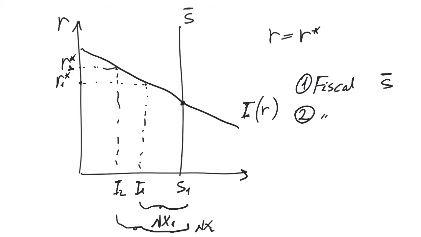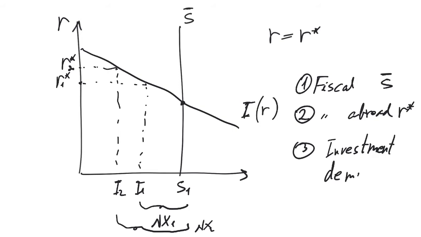The fiscal policy abroad is going to work through change of R star, and we could have also an investment demand change, which will shift the curve itself. So those are the things that can change in this framework.